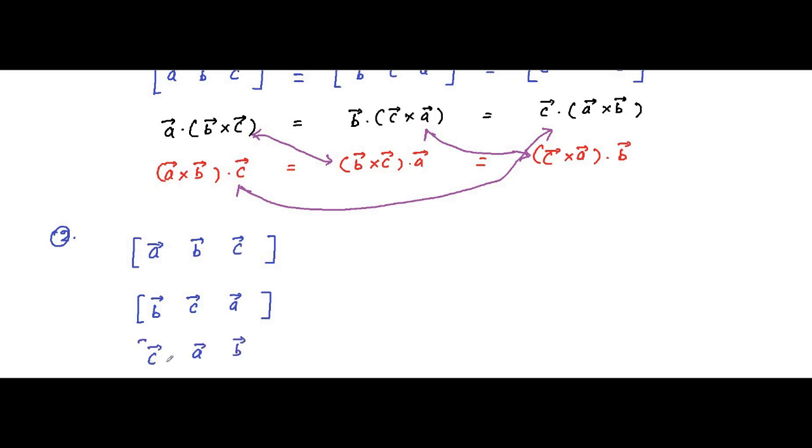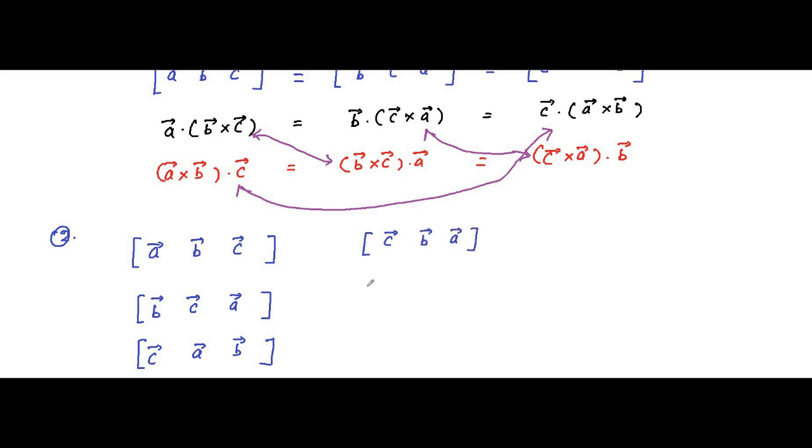All these forms of scalar triple product have the same value because the cyclic order has remained unchanged: ABC, BCA, CAB. Now, suppose we write it in reverse order. ABC, we write it as C vector, B vector, A vector in the reverse order.